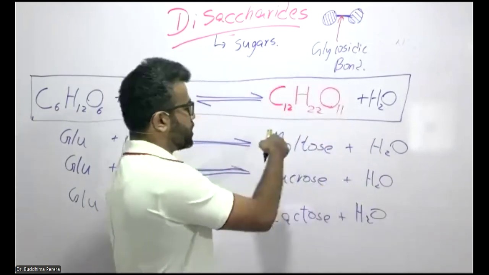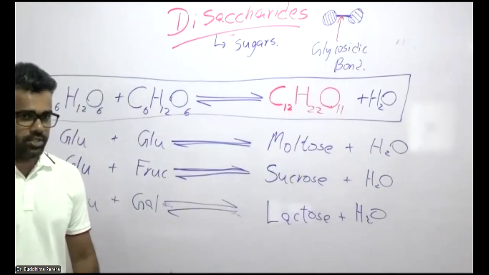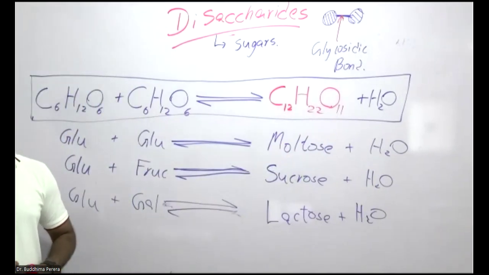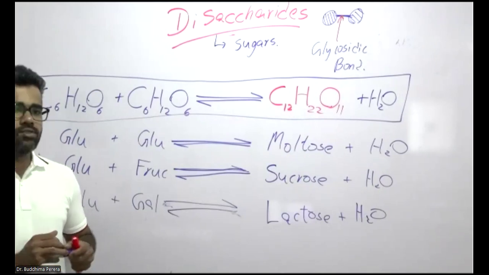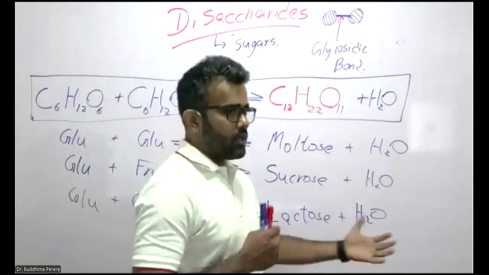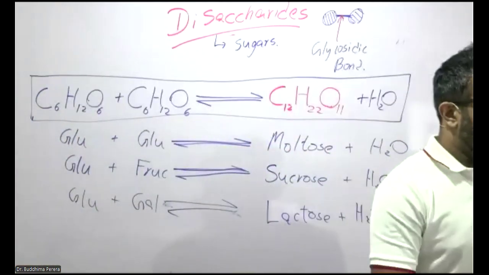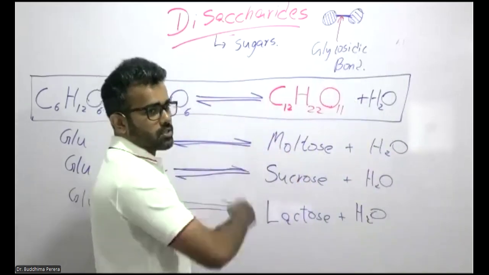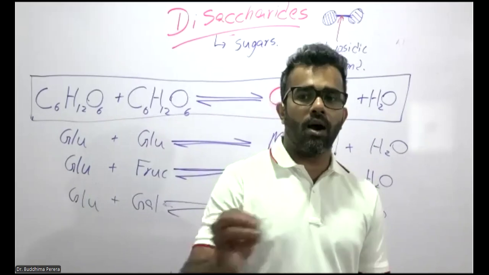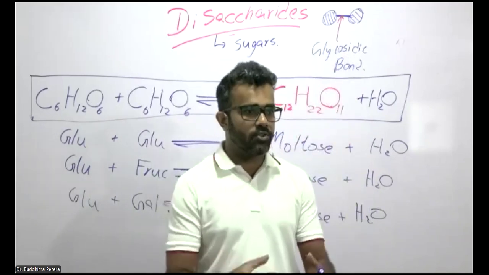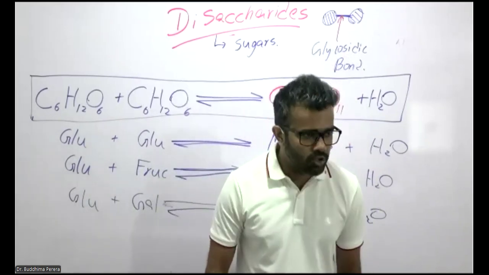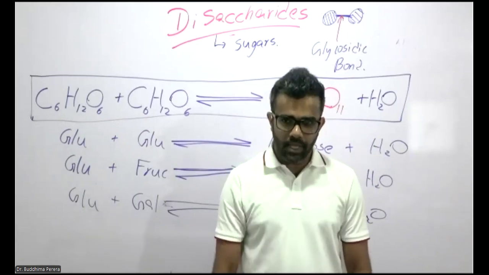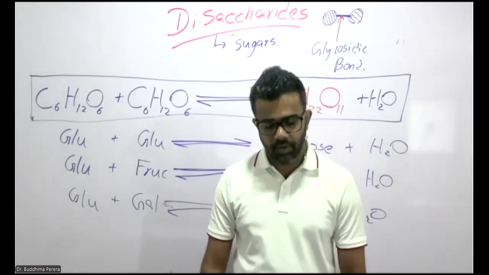This reaction we call a condensation reaction. In condensation reactions, a water molecule is formed from two molecules, forming a bond. This bond is called a glycosidic bond. So the bonds between monosaccharides in carbohydrates are glycosidic bonds. You have to remember the name, glycosidic bonds.